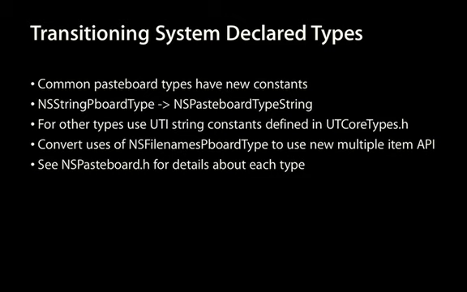And then for maybe less commonly used pasteboard types, we already have perfectly good constants defined in UTCoreTypes.h, the constant that defines that UTI type, and you would use those. And really, the only exception to this switching one string constant for another is the filenames pboard type.